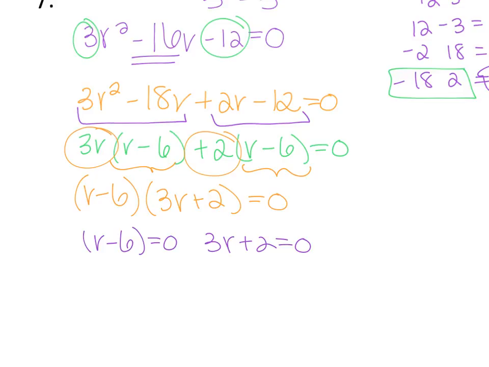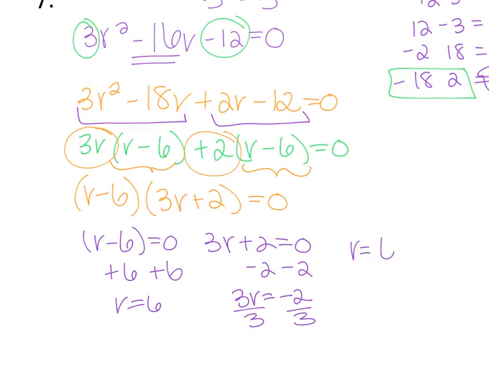For r minus 6, I'm going to add 6 to each side, so I get r equals a positive 6. For this one, I'll subtract 2 from each side. I get 3r equals negative 2, and then to get r alone, I'll divide by 3. So r equals a positive 6, and r equals a negative 2/3. And here are your two answers.